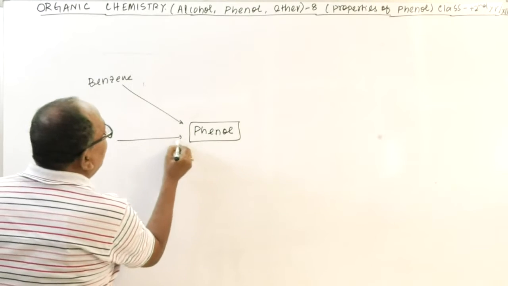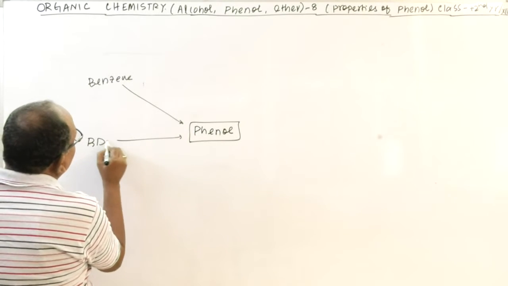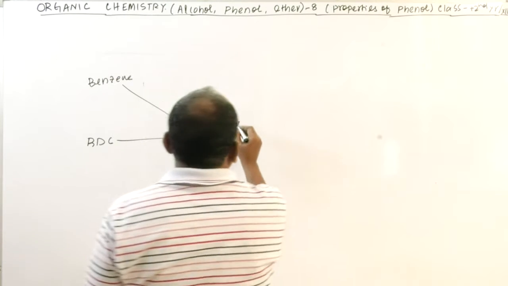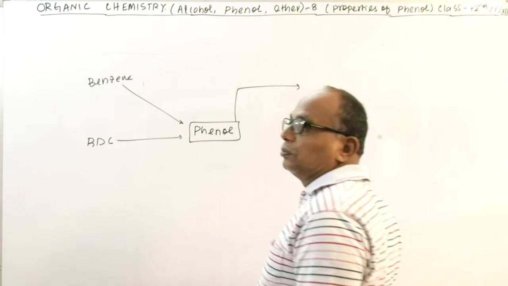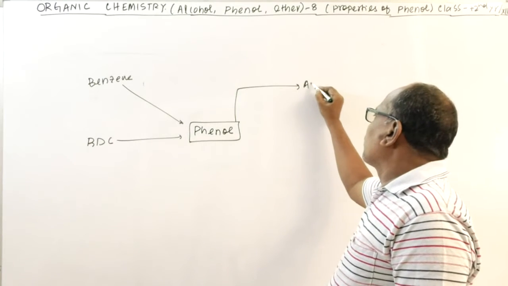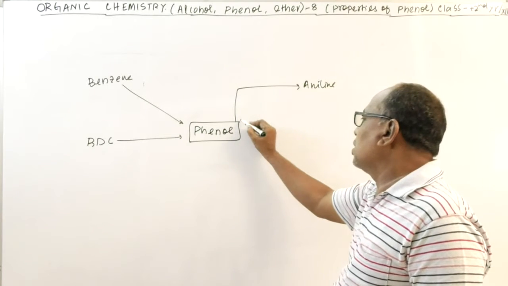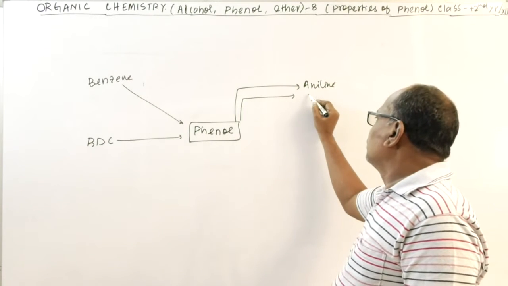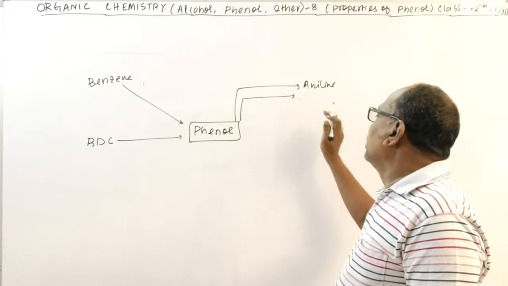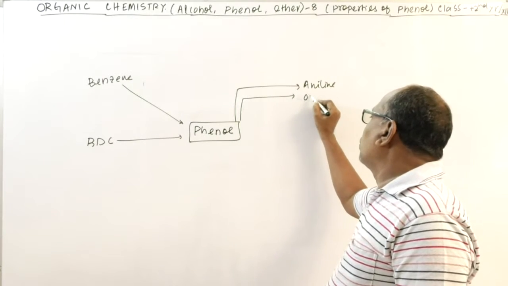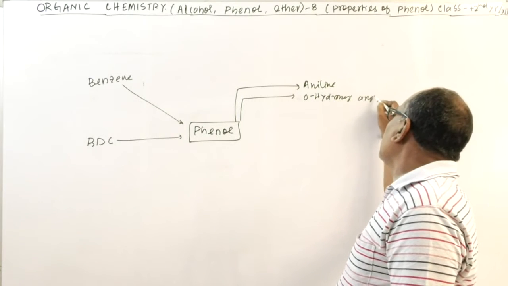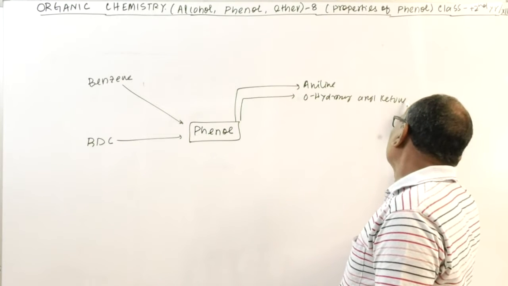It can also be prepared from benzene diazonium chloride, and phenol can be converted into aniline, salicylal, ortho hydroxy aryl ketone.